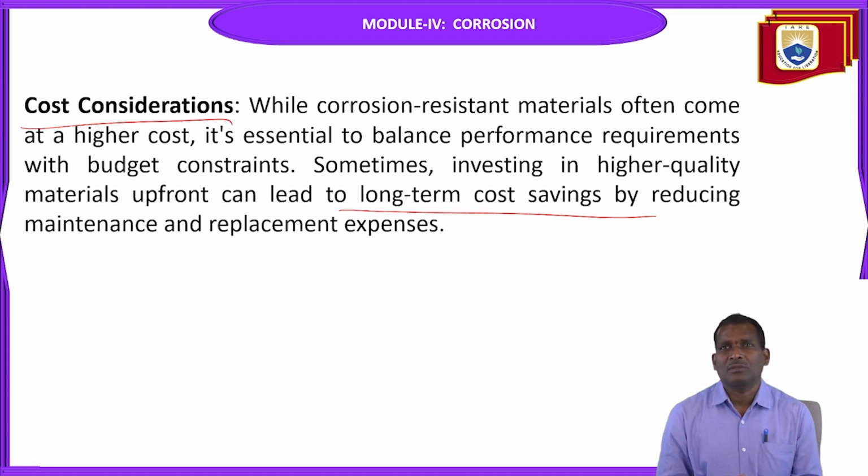Suppose you have used higher quality materials, it is a one-time investment that leads to long-term cost savings. Why? Because there is no need for short-term maintenance, and the replacement expenses will also be reduced.